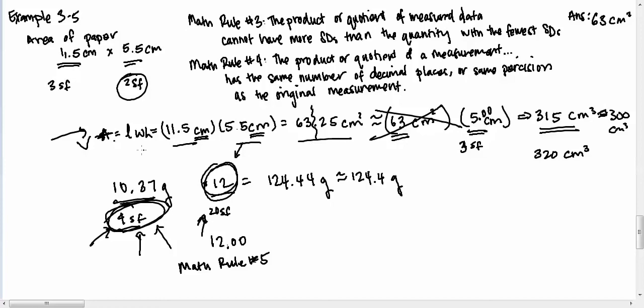I would just keep all of my numbers, 63.25, and then multiply that by 5.00 centimeters, and then get my answer. And then at the very end, you say, okay, how many sig figs did I have? The first one was 3, the second one was only 2.